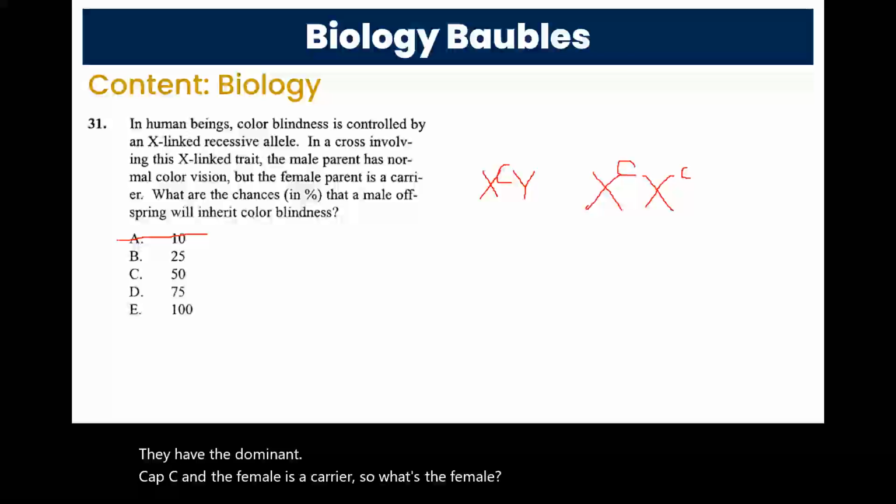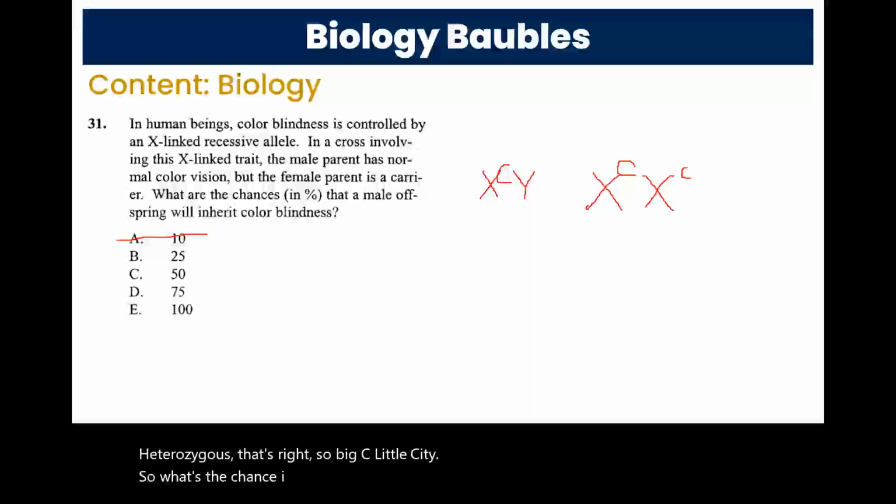Heterozygous. That's right. So big C, little c. So what's the chance I have a male child? 50%. What's the chance that that child will be afflicted? 50%. So my overall percentage is 25, right?